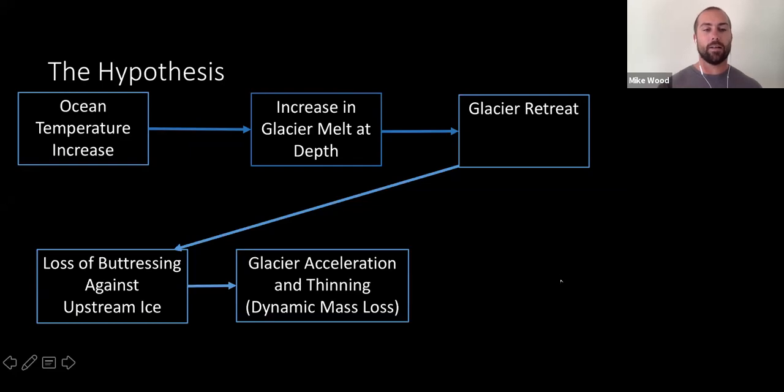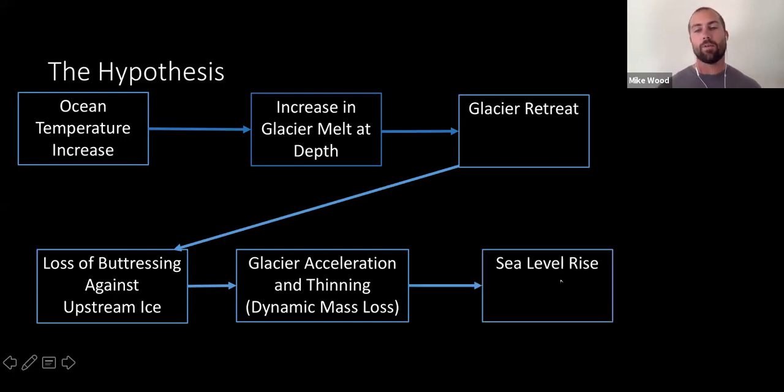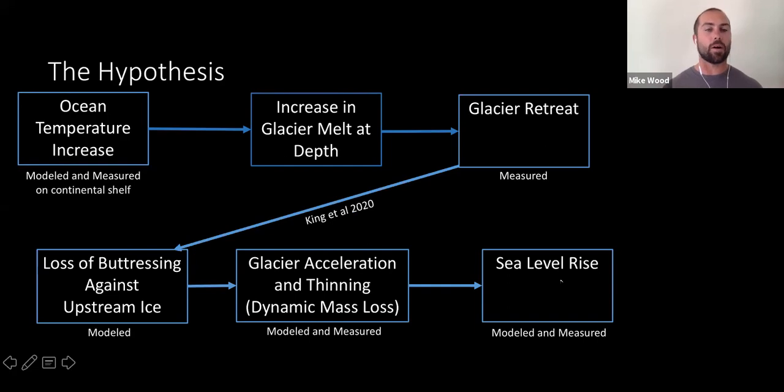The loss of that creates an acceleration and a thinning of the ice, or what we call dynamic mass loss. And of course, adding all that extra ice into the ocean leads to sea level rise. And at this time, we did a pretty good job with either modeling or measuring various components of this hypothesis.